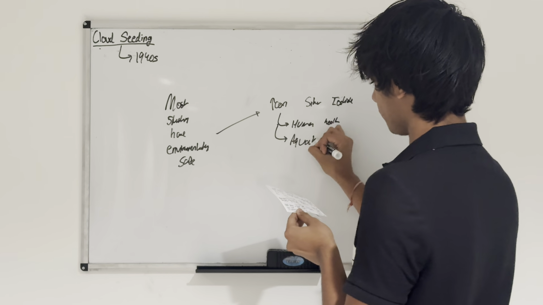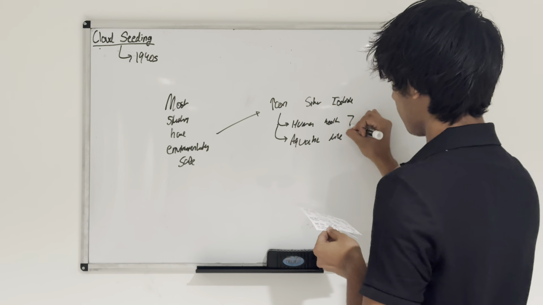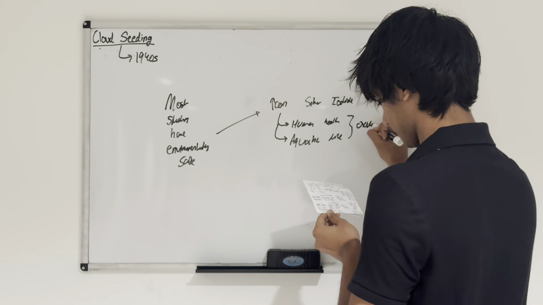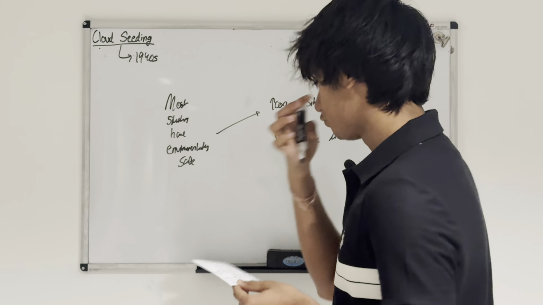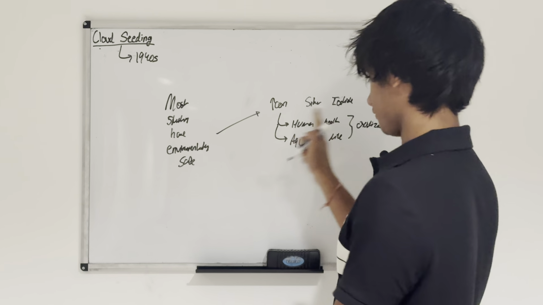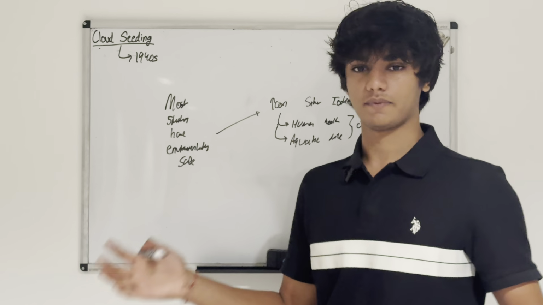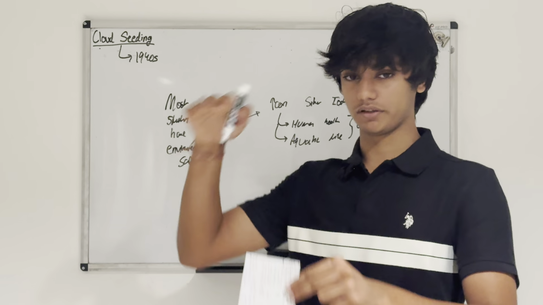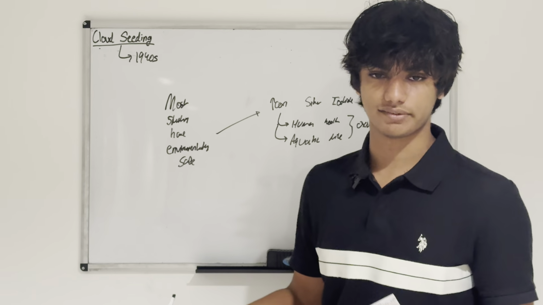This is especially true when the silver iodide becomes oxidized. This is only true if we increase the concentration of silver iodide to crazy amounts, amounts that we don't even have right now.